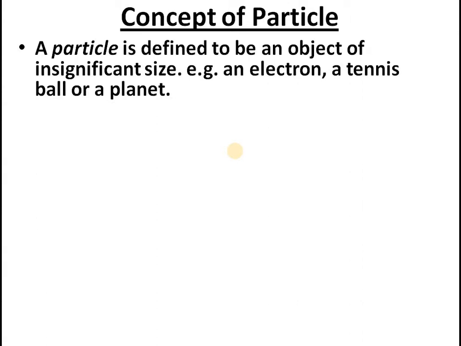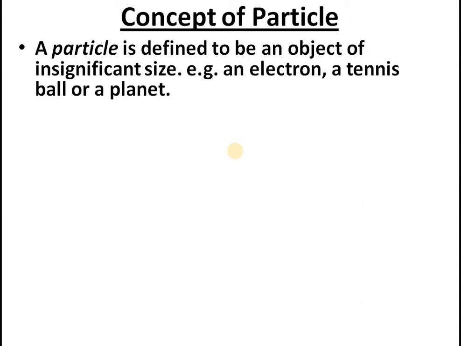So you may wonder what is the comparison, the spirit of comparison of electron, tennis ball, and planet. So keep in mind that this depends on the situation. Okay, for a particular situation, electron may be counted as a particle.